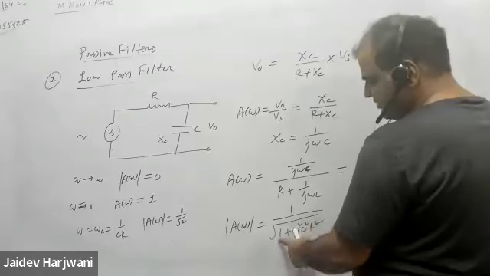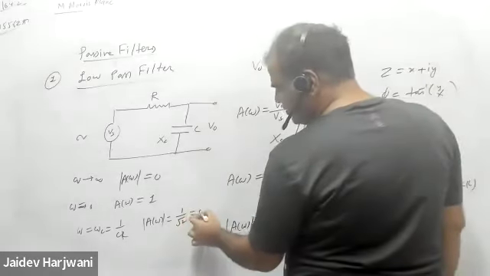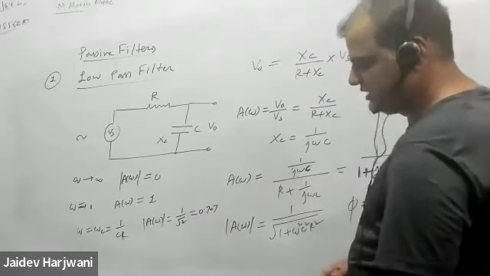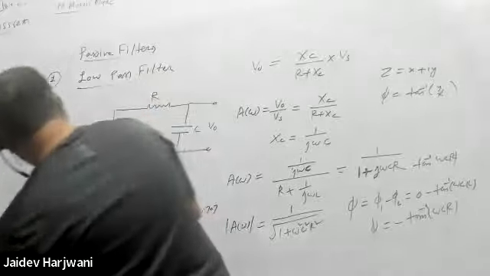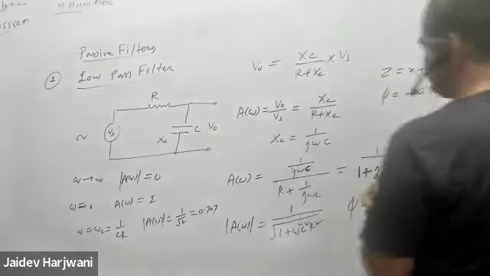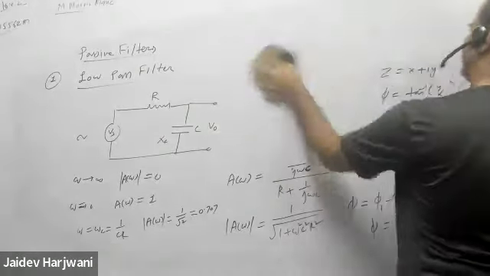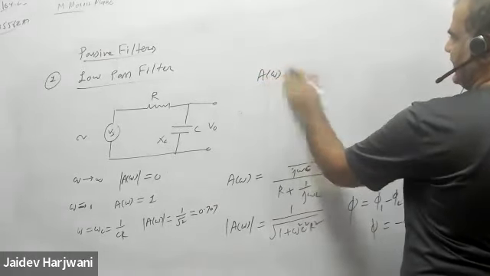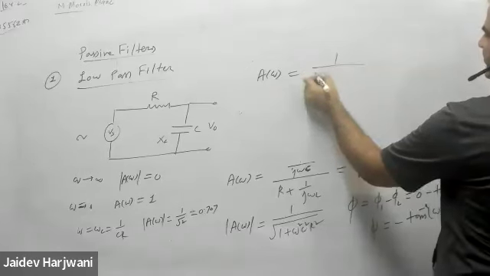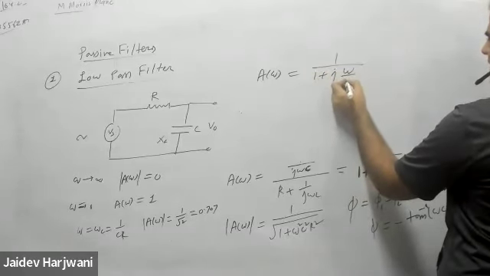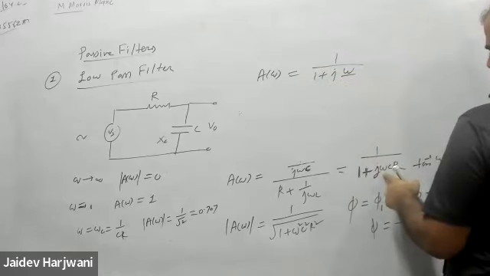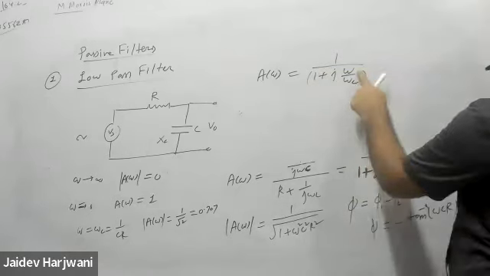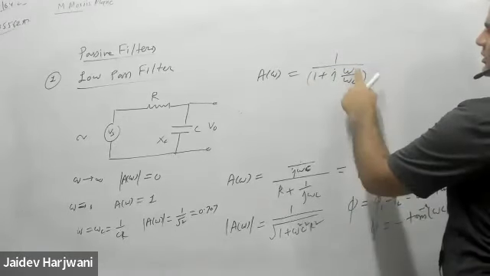This will be 1, so 1 plus 1, giving 1 by root 2. 1 by root 2 is what? 0.707. With this definition of frequency, I can write my gain as 1 over 1 plus j omega by omega C. At infinite frequency this is 0, at zero frequency it is 1.